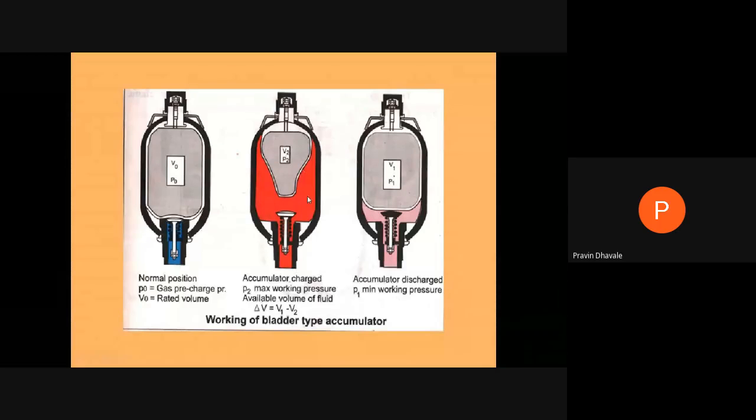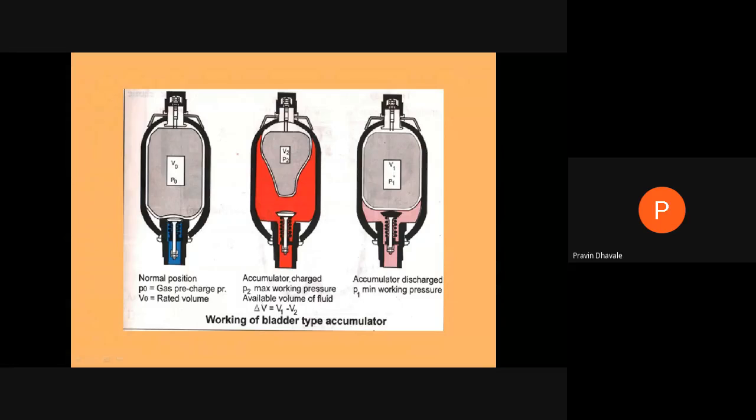When this pressurized fluid is supplied to the actuator, the accumulator gets discharged. At that time, the bladder gets expanded and reaches pressure P1. In this way, the bladder type accumulator works.